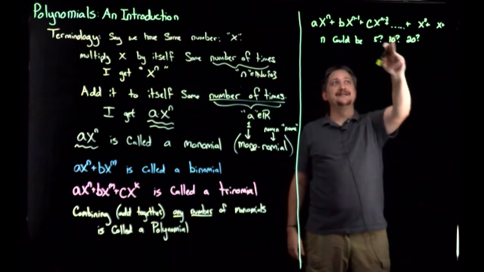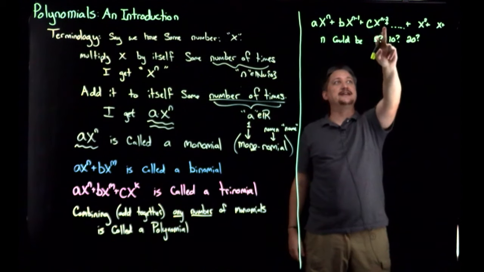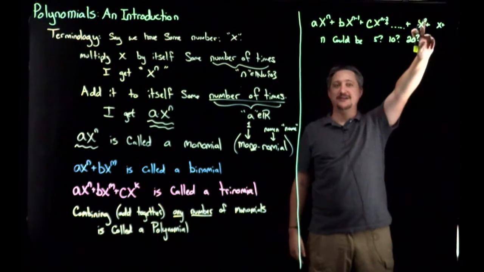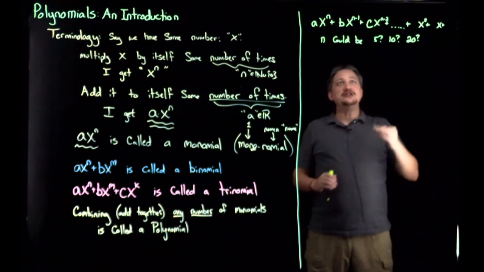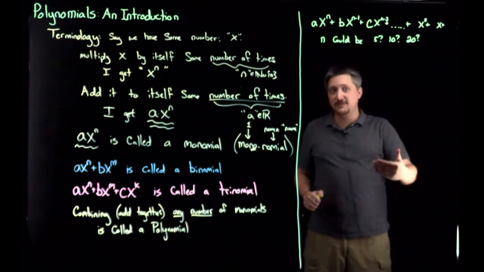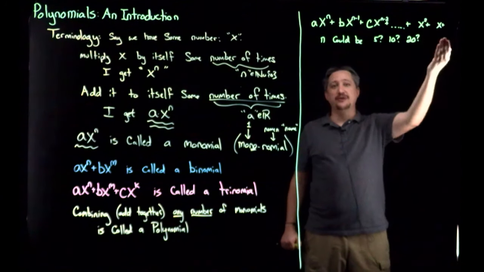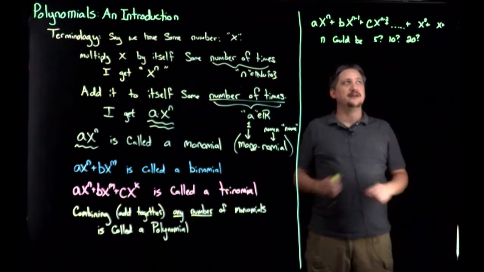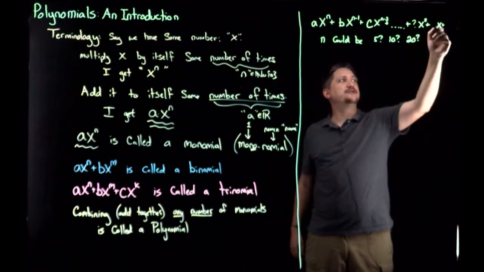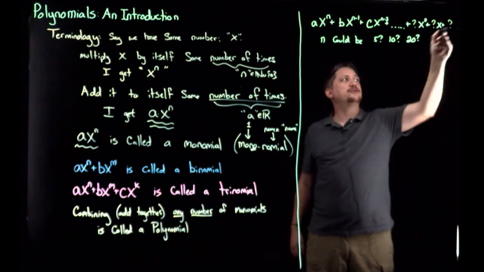If n is 20, then this is x to the 17th, and I have a bunch of stuff in here before I get down to x squared, right? If I knew what n was to start with, then I could maybe figure out what letter should go there. But the whole thing is I don't know what n is, right? So I get stuck trying to figure out what all these terms are.